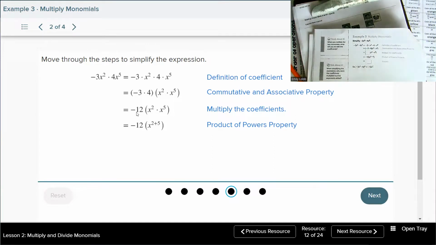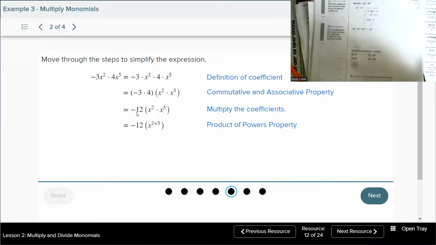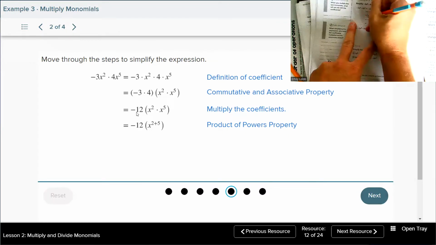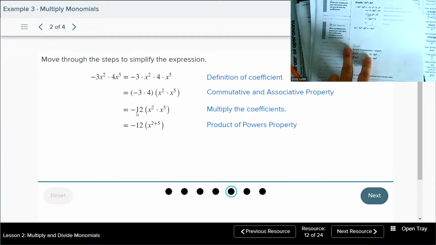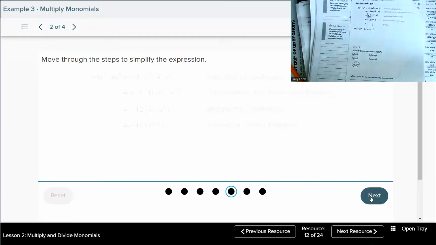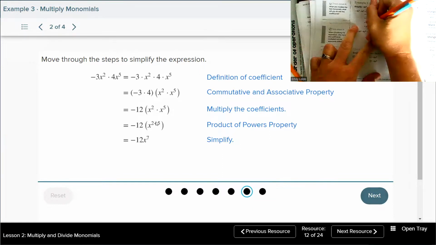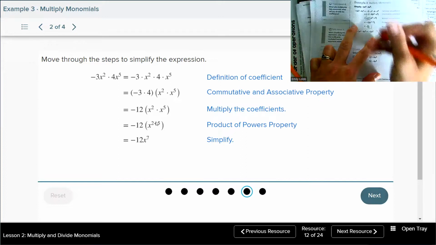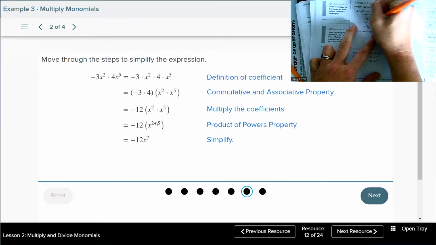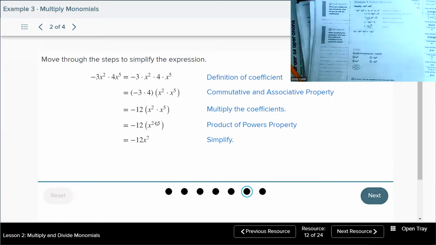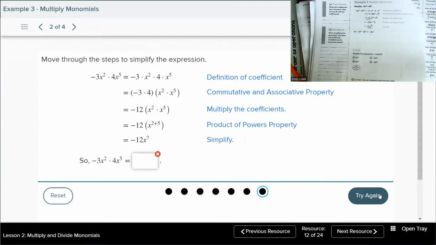They said -3 times 4 is -12. So you should have written -12 right here. Then the product of powers property, and then they simplified. So they just added them together. So this would be -12 x to the 7th power. That's how we would simplify. So -3x squared times 4x to the 5th power equals -12x to the 7th power. And that's what we're saying.